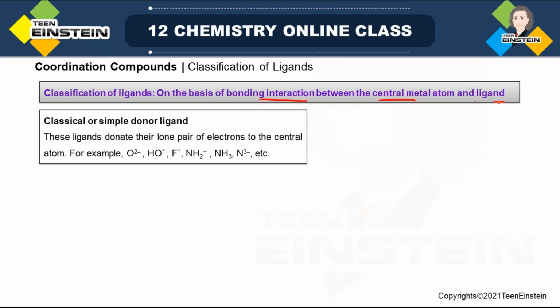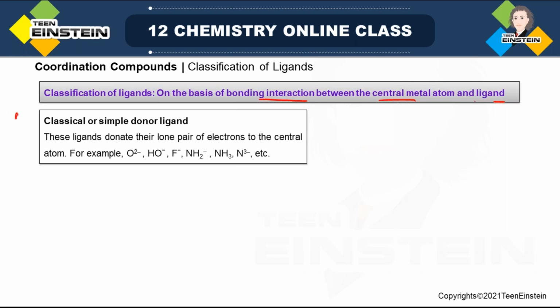But now, when we are classifying based on how the ligand interacts with the central metal atom, this is a completely new basis, because here the interaction between metal atom and ligand will be considered.